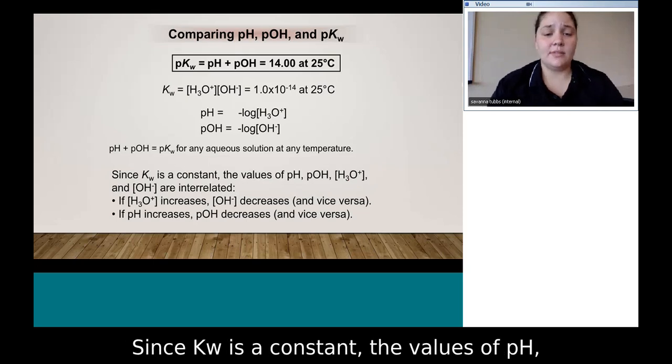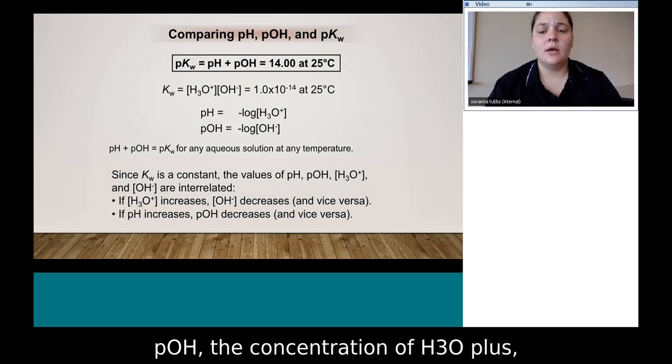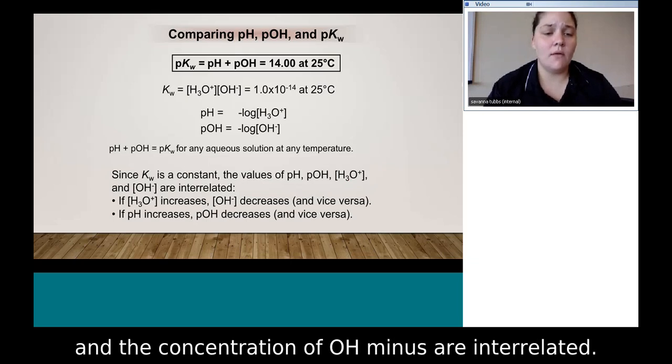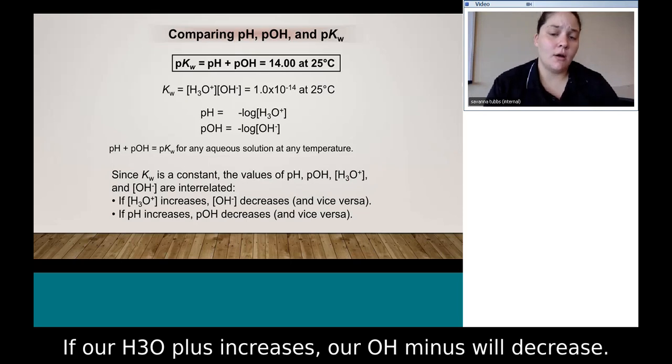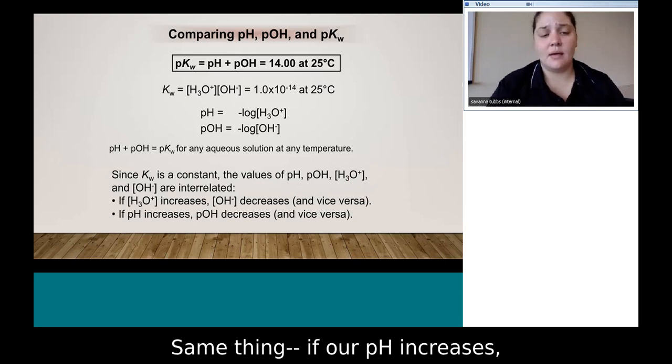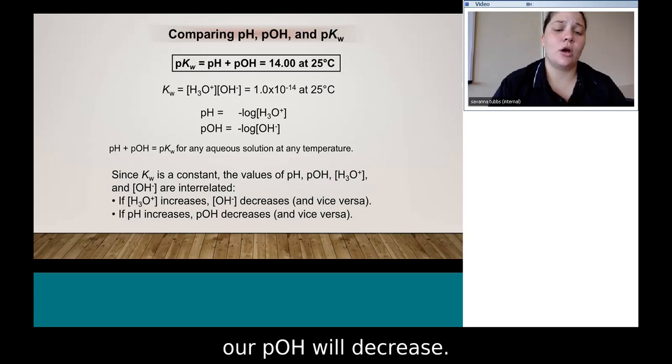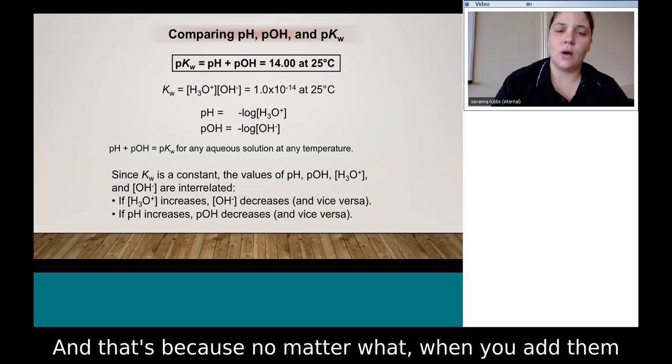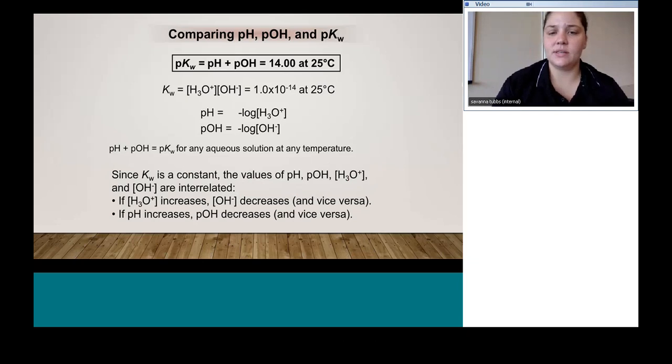Since Kw is a constant, the values of pH, pOH, the concentration of H3O plus, and the concentration of OH minus are interrelated. If our H3O plus increases, our OH minus will decrease. Same thing, if our pH increases, our pOH will decrease. And that's because no matter what, when you add them together, they give you 14.